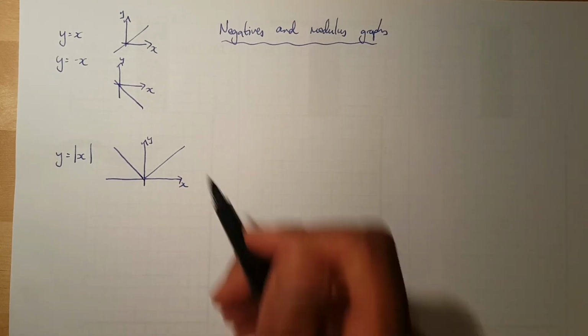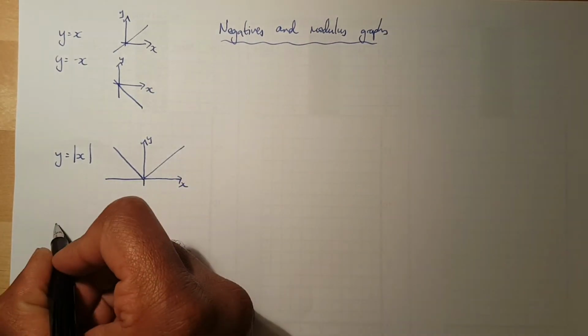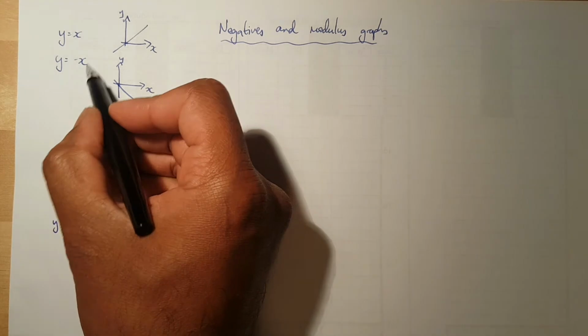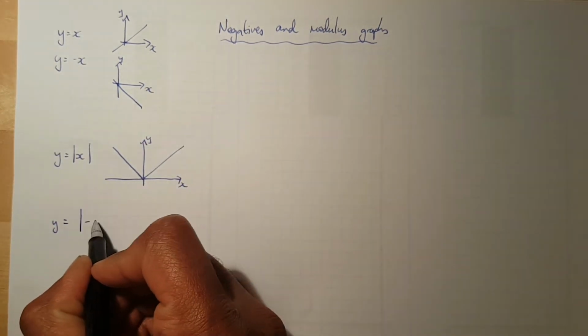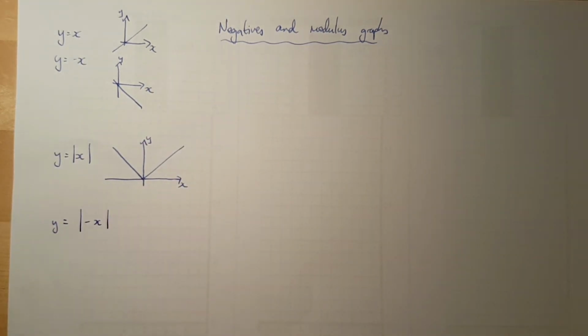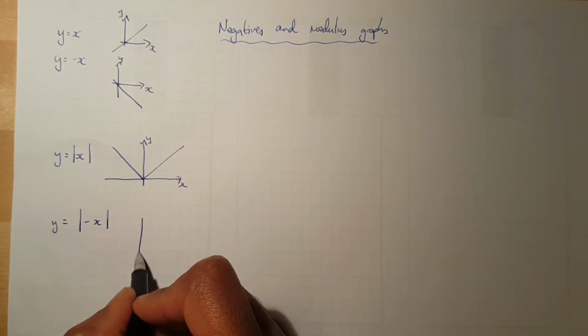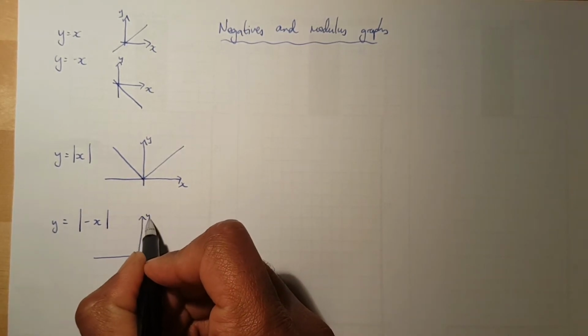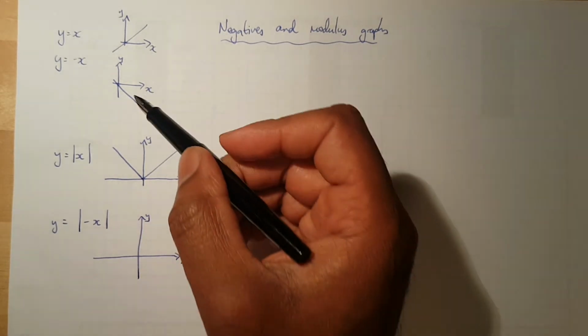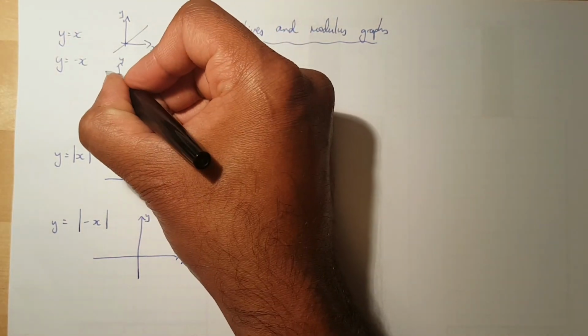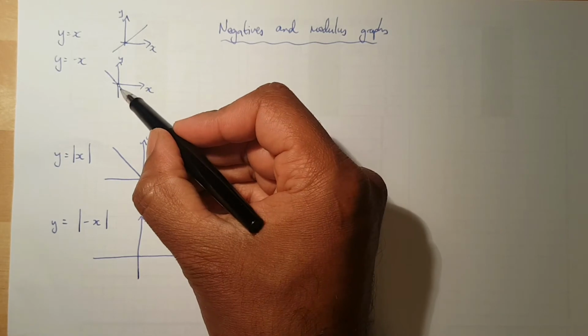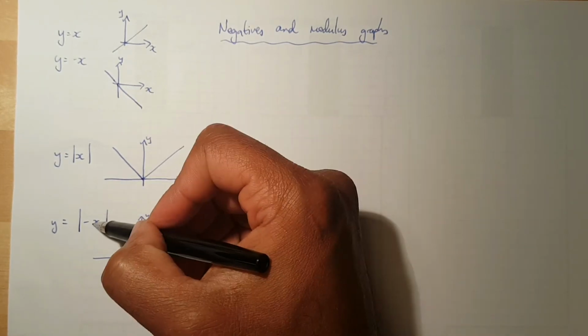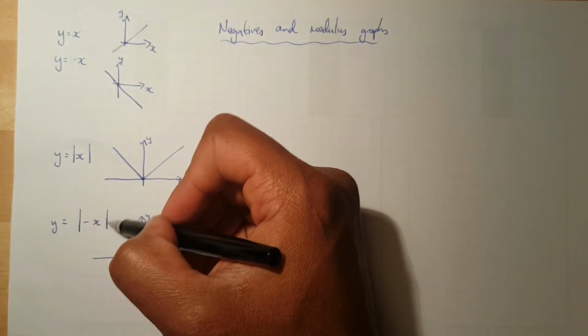Let's see what happens if I take the modulus of that other graph, which is y equals the modulus of negative x. I have my x here and y there. I take the x value of each, I negate it, and then I take the magnitude of it.